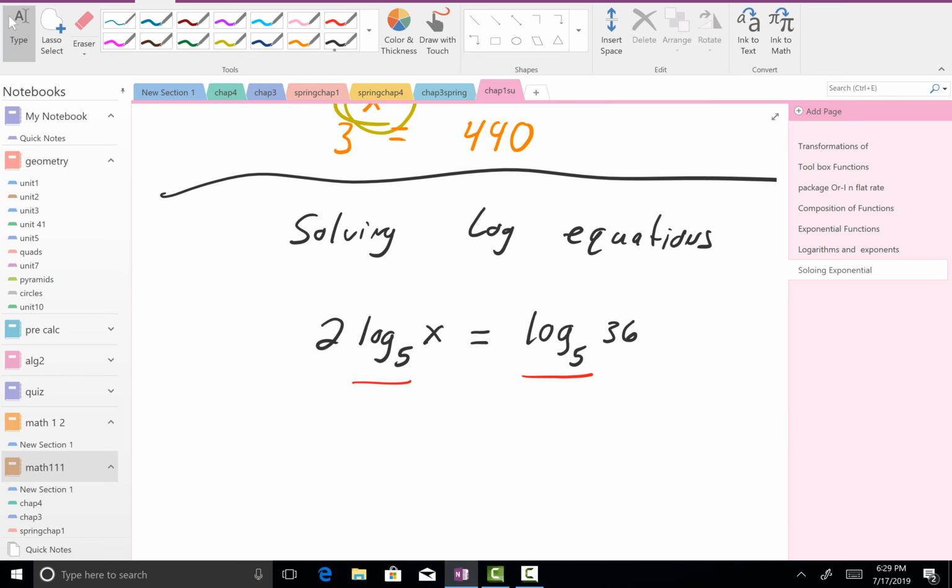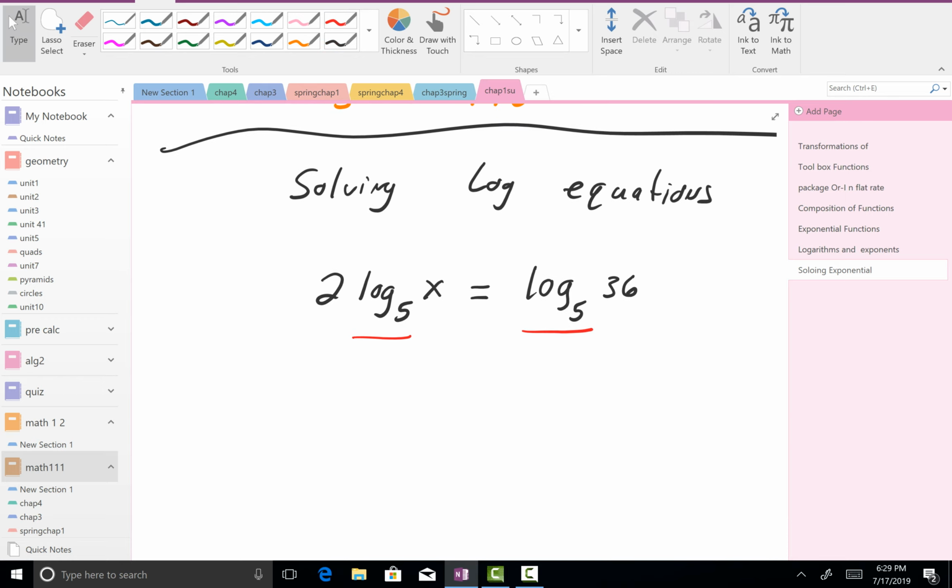So now what we're going to do is use our property of logarithms. Here, this 2 is out in front, so that's going to go right there. So we're going to go backwards.